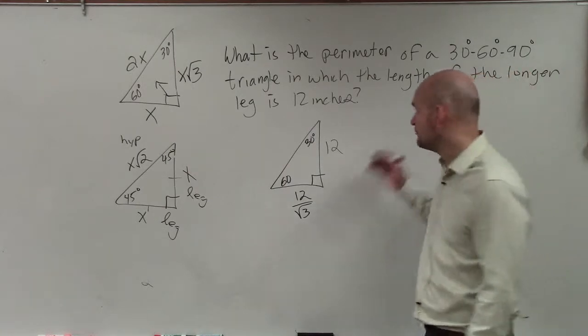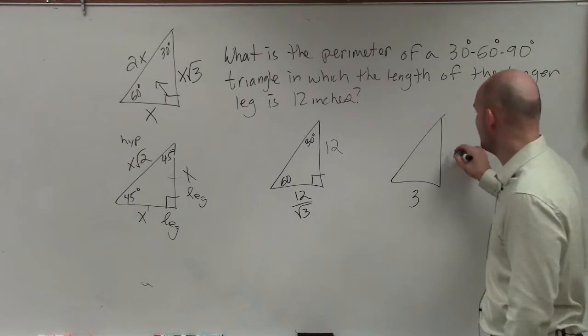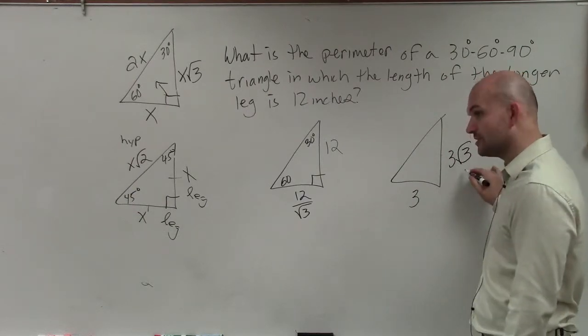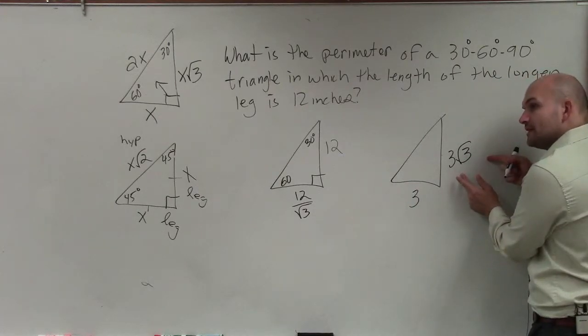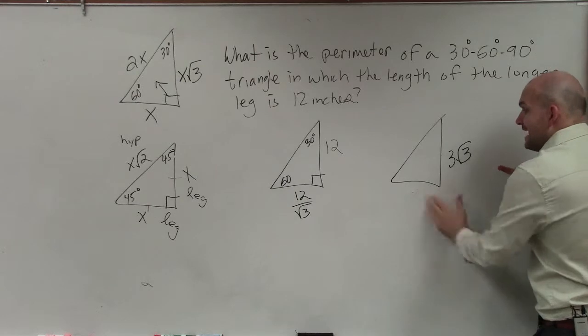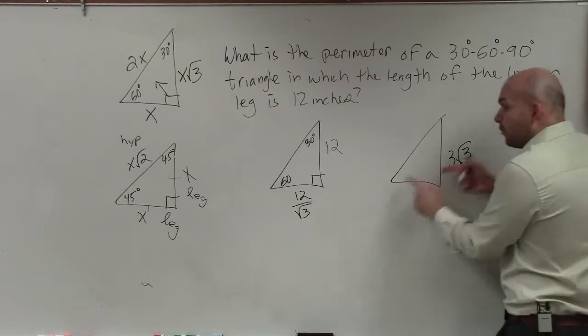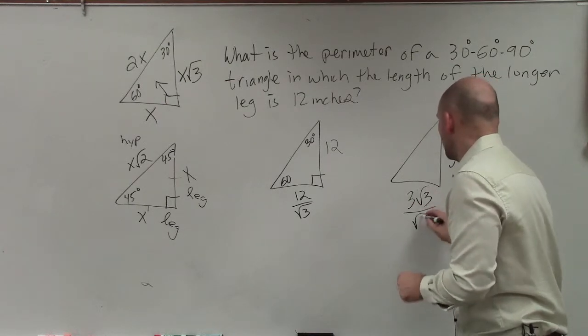No? So for instance, what if I said this was 3? This would be 3 square root of 3, right? Whatever the short leg is, you multiply by the square root of 3. Does that make sense? To go from short to long leg. So therefore, if I gave you this, and I say, what is that? Well, then you're going to have to divide by square root of 3.